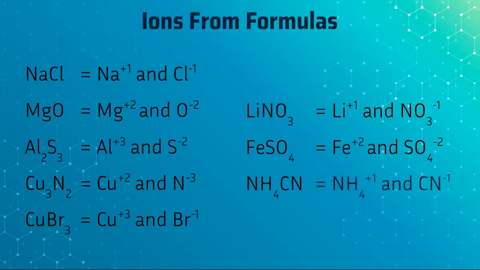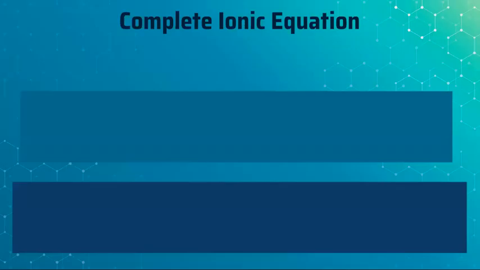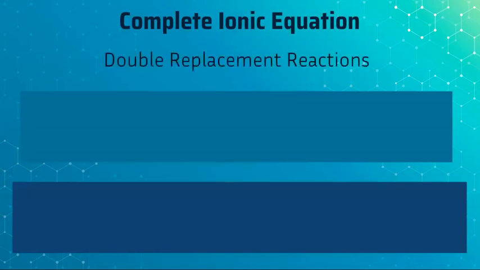And this one actually has 2 polyatomic ions with it. The ammonium ion is one of the few cations in the polyatomic world. And then we have the cyanide ion. Looking at these in an equation, these are all going to be double replacement reactions. So that's very important that we look at that. We're going to have 2 compounds on each side of the arrow.